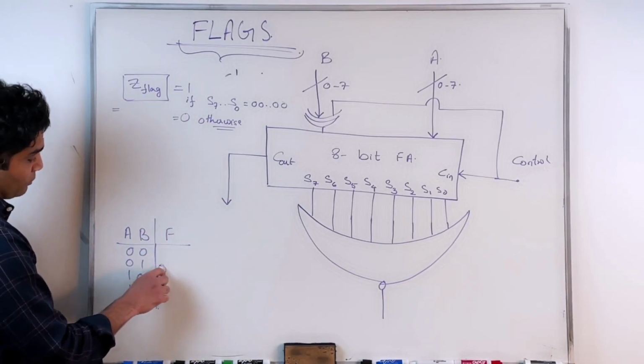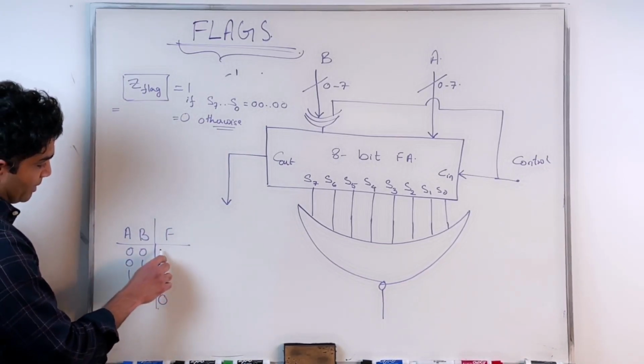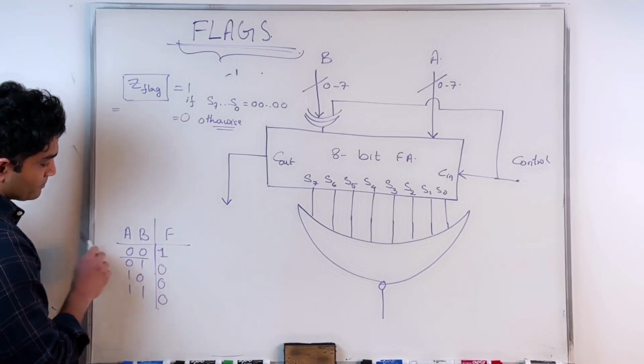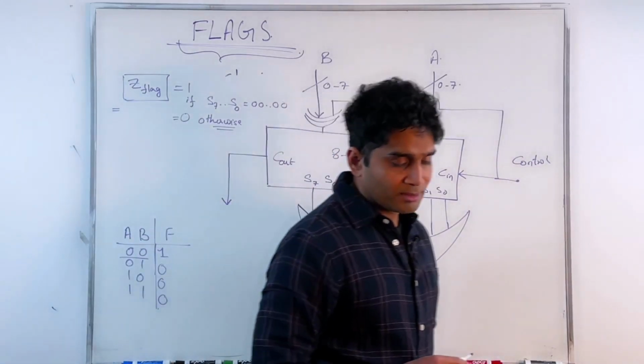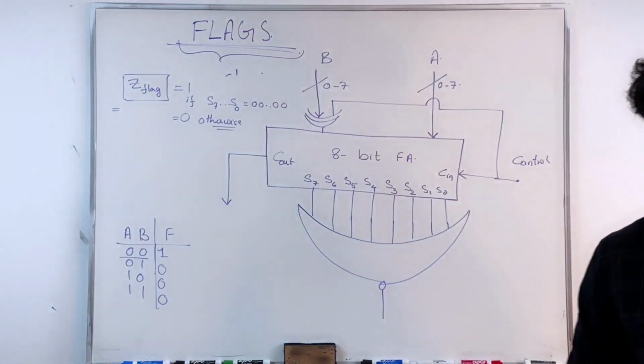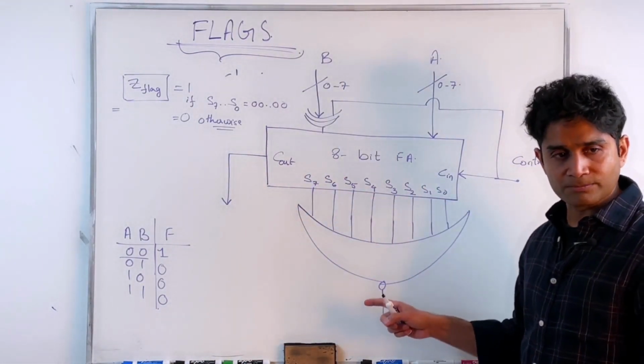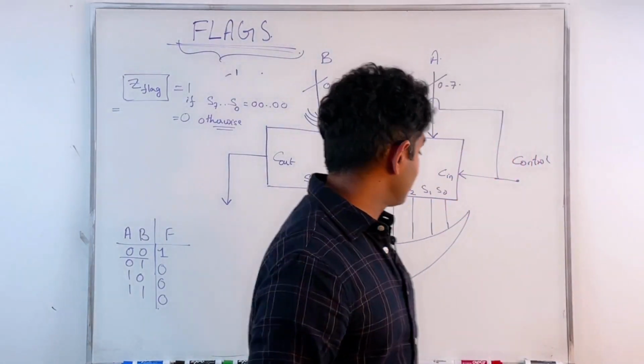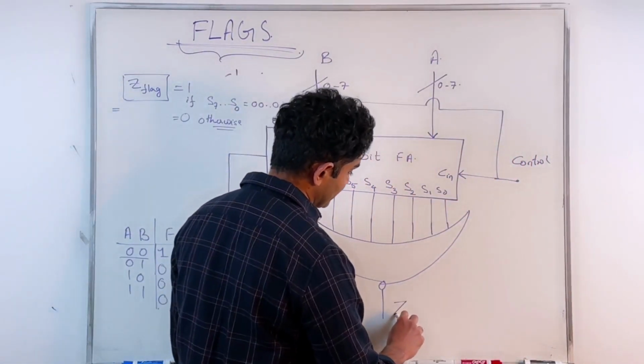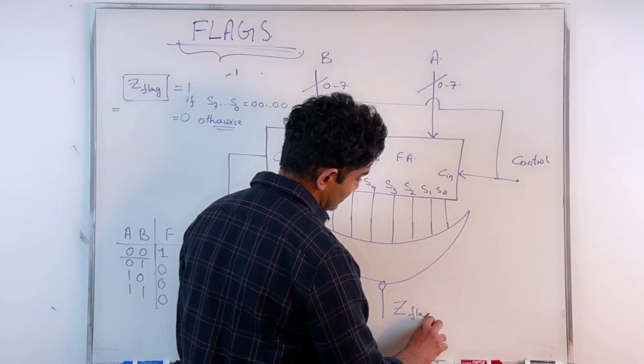In this case, these are all zeros, and I have 1 only for this case. In other words, my NOR gate is set only when each of these inputs, or each of these bits, is 0. So that gives me my Z flag. That's exactly how I want my Z flag to work. That's my Z flag.